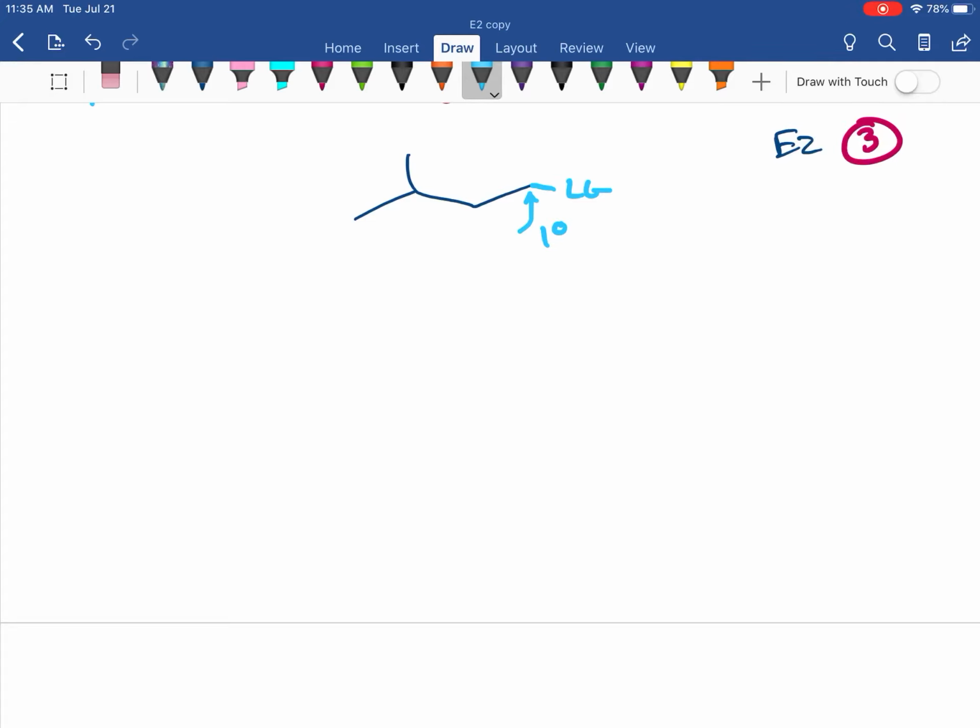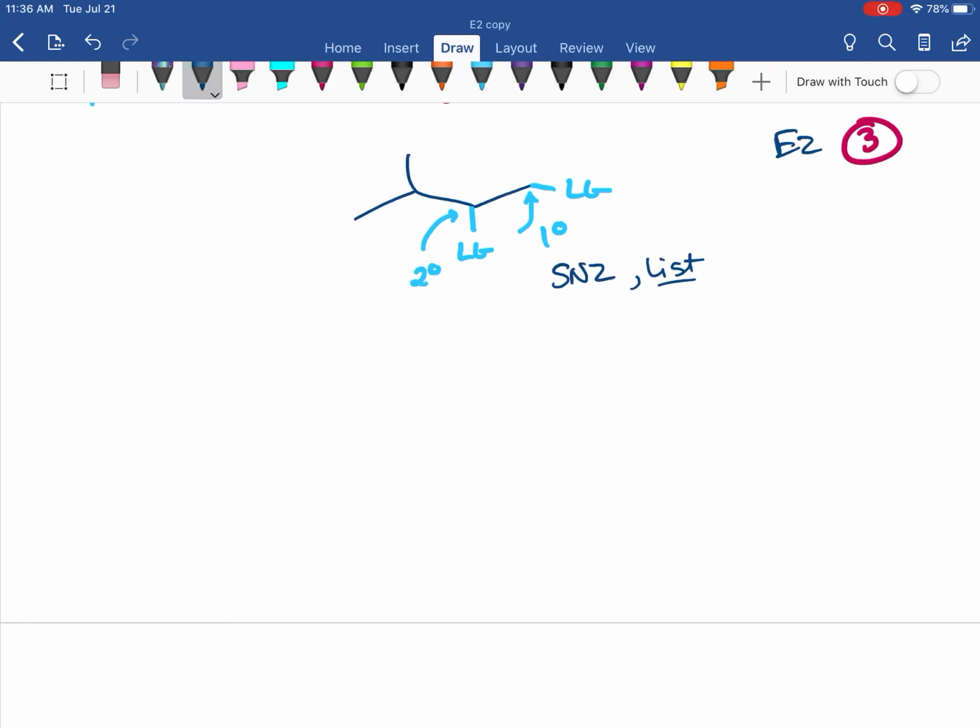If your leaving group is here, that means you have a nice primary. Primary means that you're going to undergo an SN2, and that means you're not competing. You are going to have an SN2 with anything on your list.